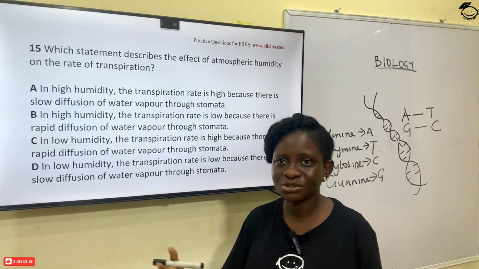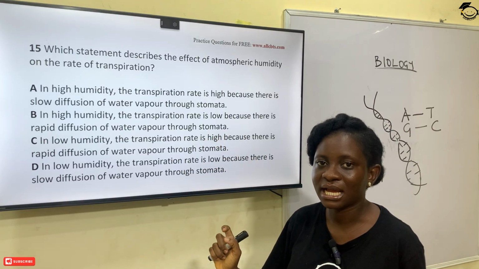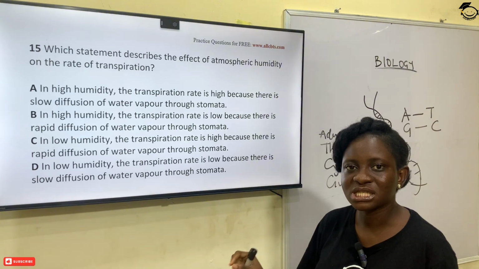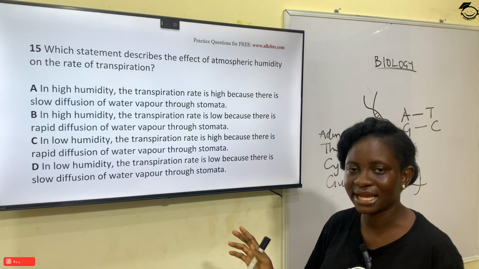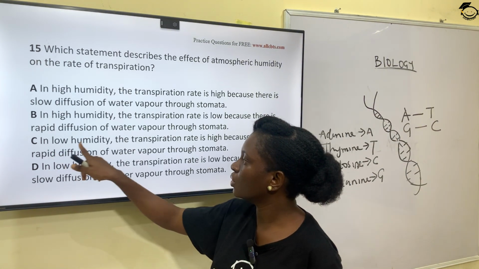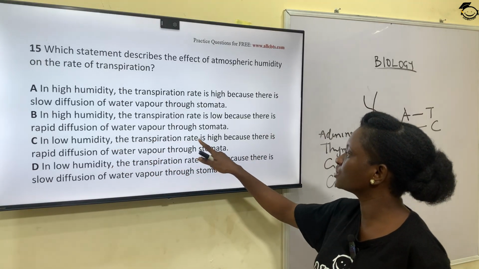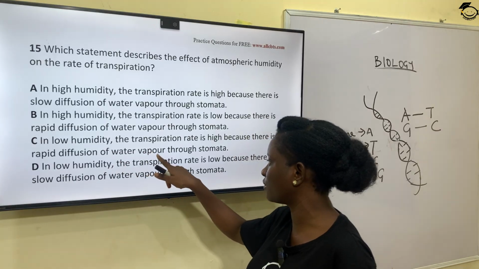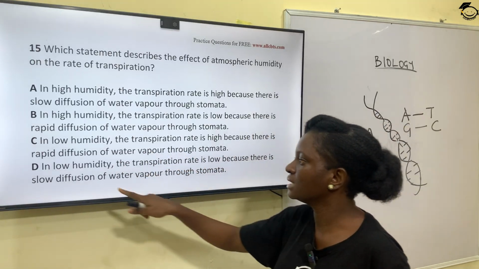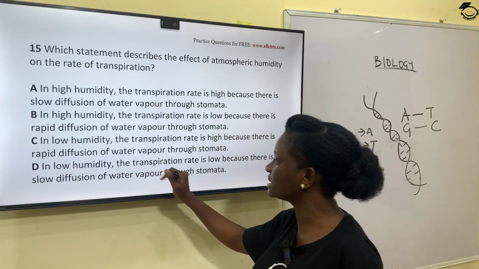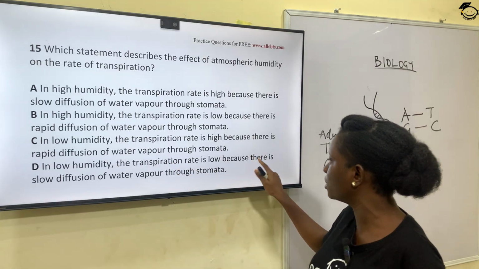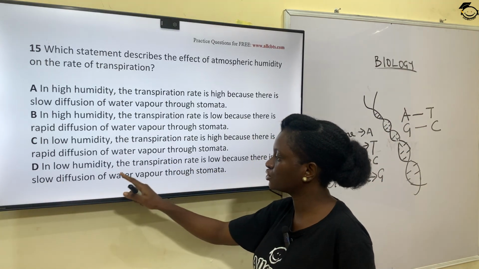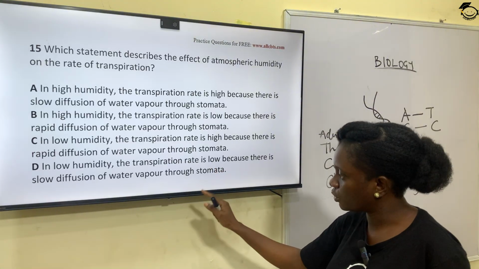Transpiration doesn't happen much in high humidity. That's when the humidity is low during dry weather. C, in low humidity, the transpiration rate is high because there is rapid diffusion of water vapor through stomata. Then D, in low humidity, the transpiration rate is low because there is low diffusion of water vapor through stomata.